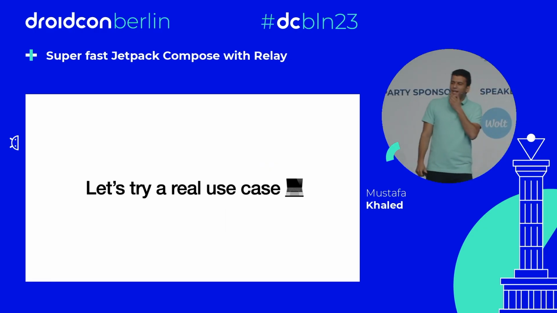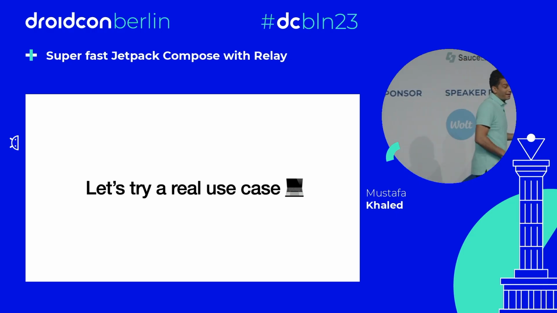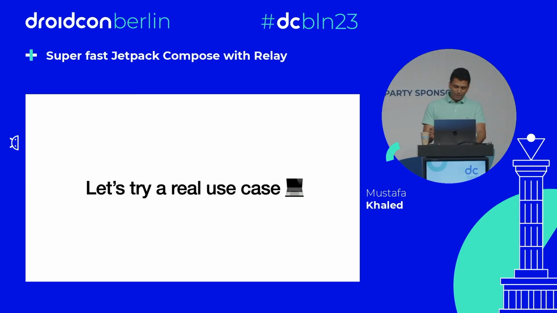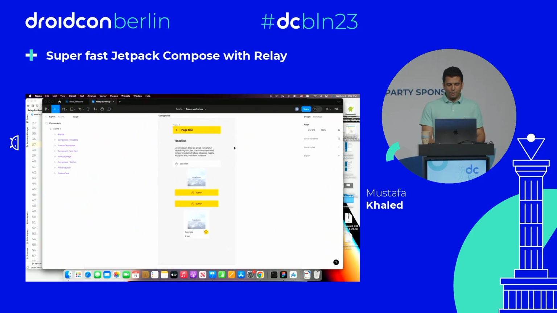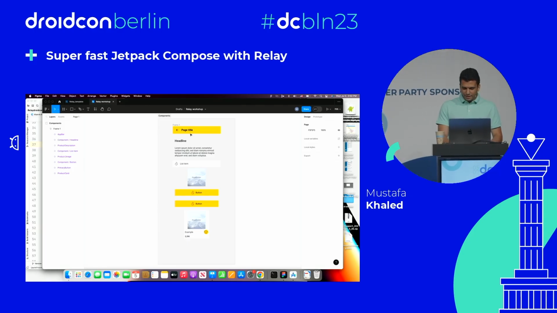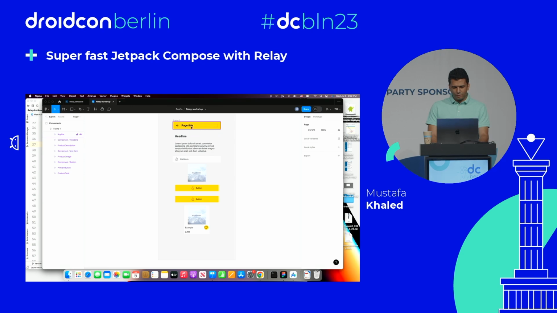So let's try a real use case, because we are talking a lot and it's good to have some kind of implementation. Firstly, I will check with you. This is a Figma design, and as you can see, we have these components already. So I will try to run the Figma plugin.